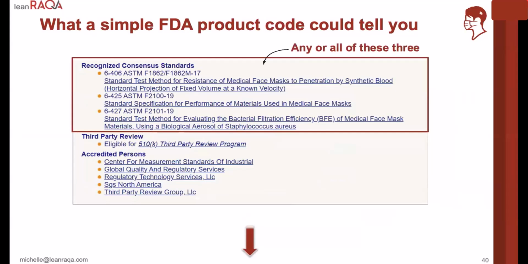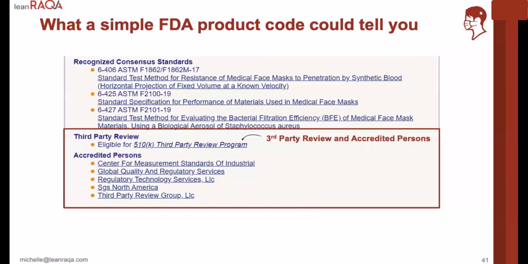And now we look at recognized consensus standards. Based off of our product features, it could be any or all of the recognized consensus standards. We can see that it is eligible for the third-party review program, and we can see who the accredited people are that can review it under that program.